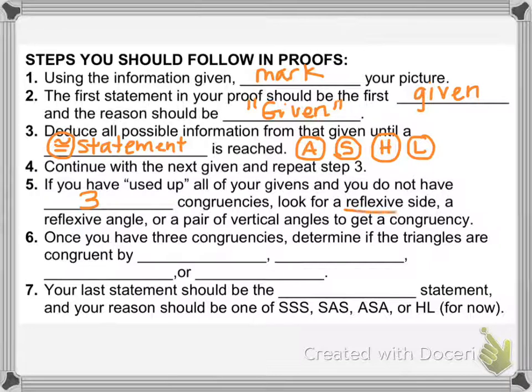You'll look for a reflexive side or angle. This is when the two triangles share a side or they share an angle if they're overlapping triangles. Or you'll look for a pair of vertical angles, which are always congruent. So those could be hidden in your picture. Then once you have all 3 of those congruencies, now you can determine that the triangles are congruent by either SSS.